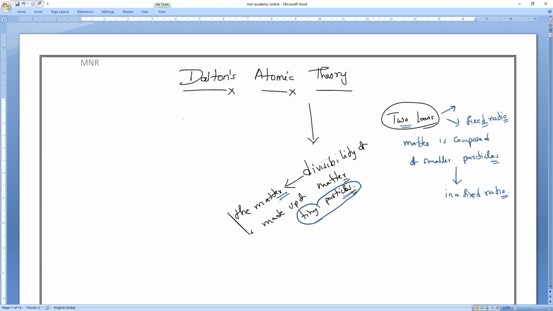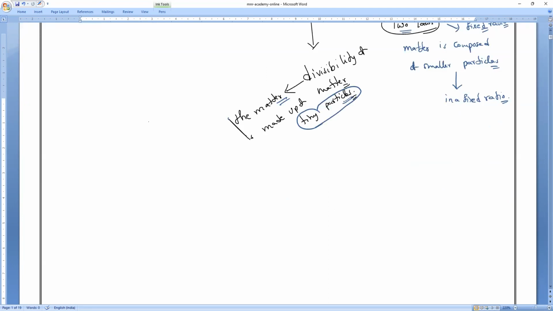Now let us come to the postulates of Dalton's atomic theory. That is the most important one. Of course some points are wrong, but for now you should learn it.